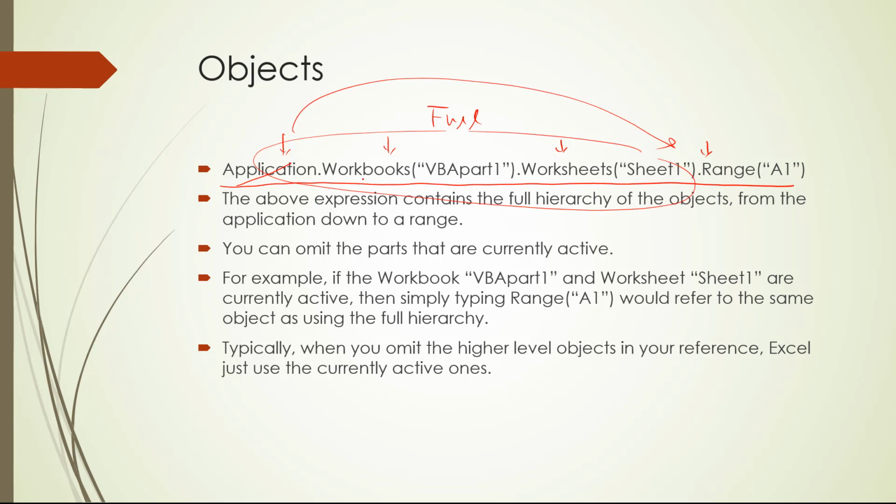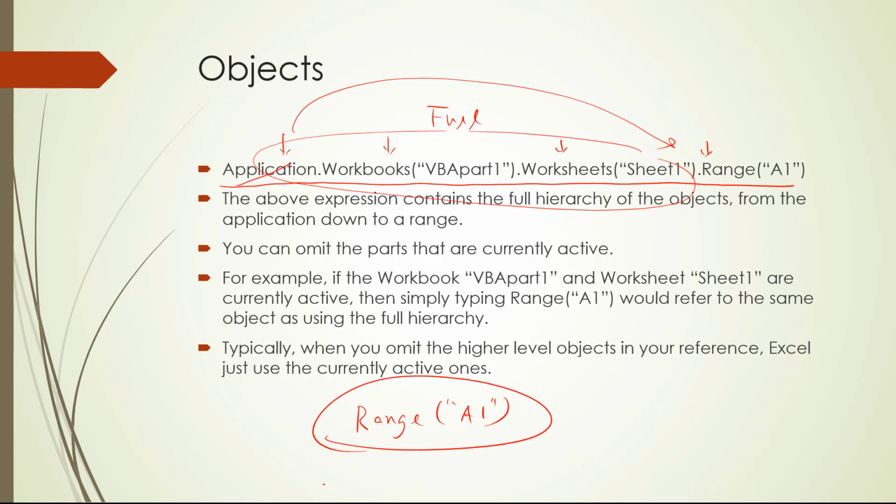You can also omit, for example, the workbook name and worksheet name. So it's perfectly legal to just say range A1 without anything in front. And of course, when you do this, you need to understand that there's a risk.